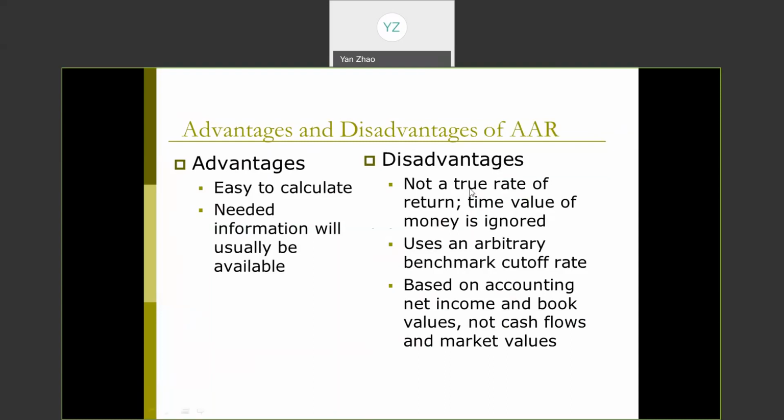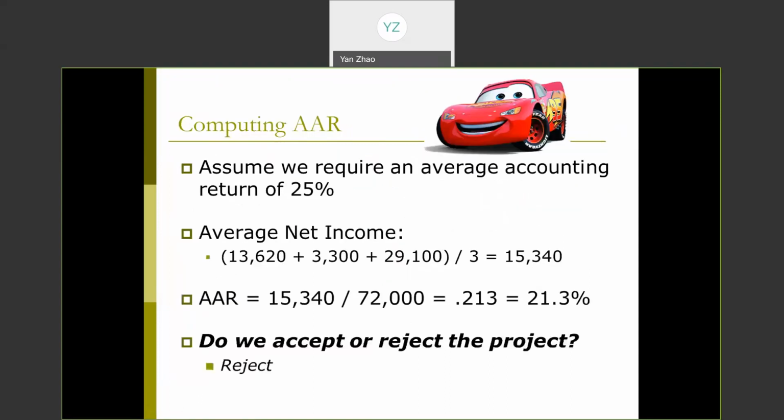It is not a true rate of return. Time value of money is again ignored because we didn't discount anything at all. Also, it requires an arbitrary benchmark cutoff rate. In our previous example, the cutoff is 25%, which is very high, right?